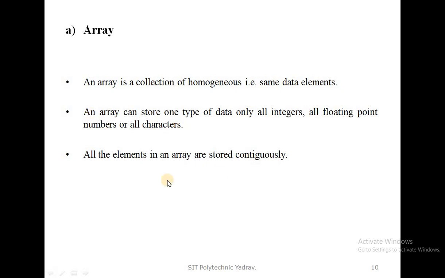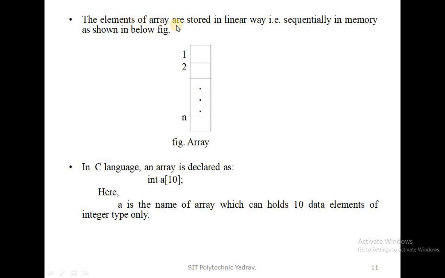Next, all the elements in an array are stored continuously, one by one. The elements of an array are stored in a linear way, that is sequentially in memory, as shown in the figure below. In that figure we show the array, elements 1 to n stored by numbers.